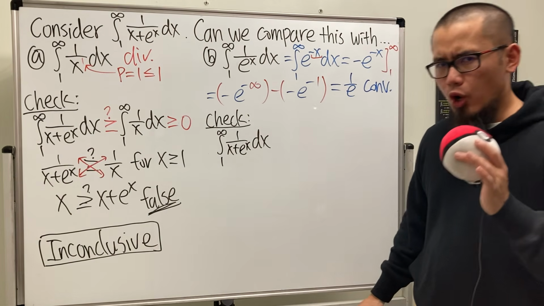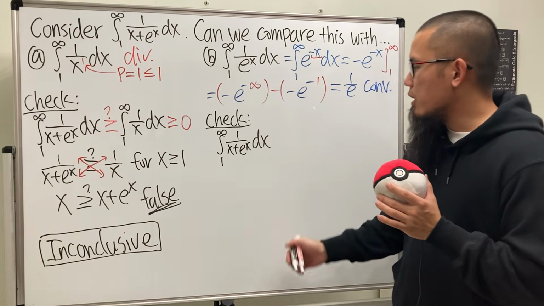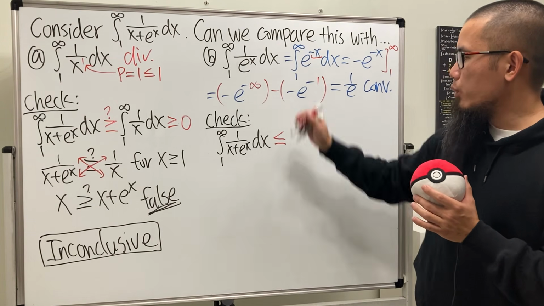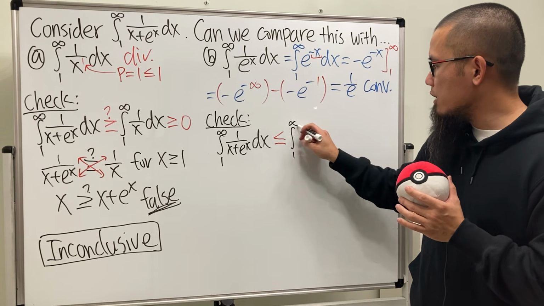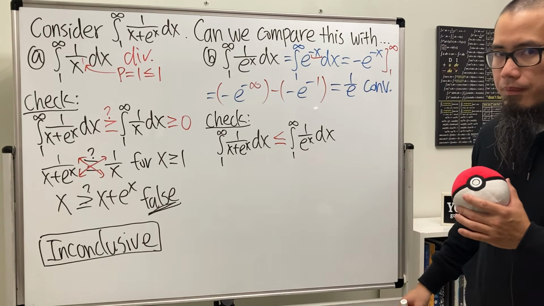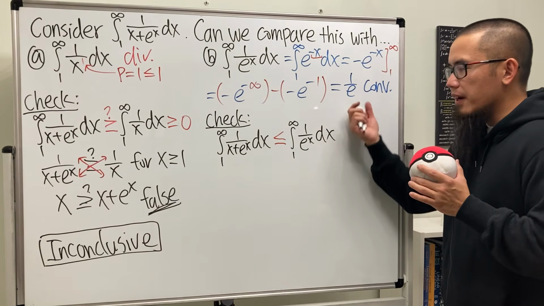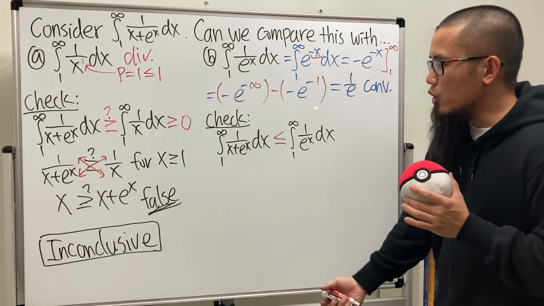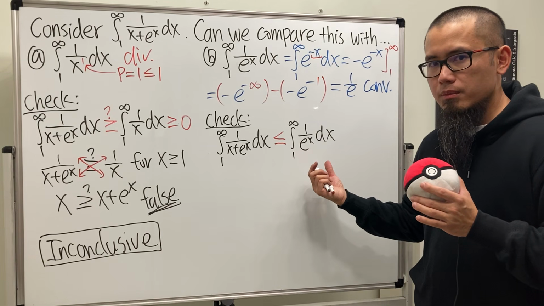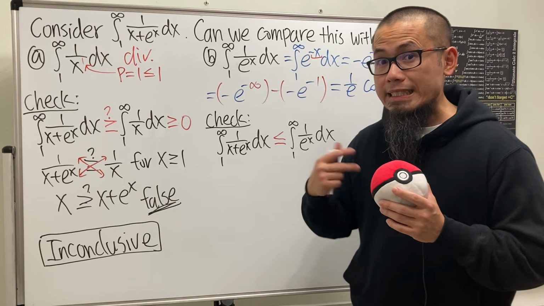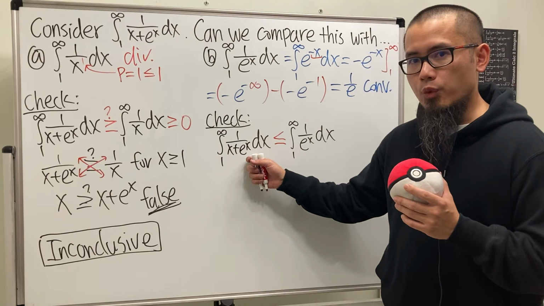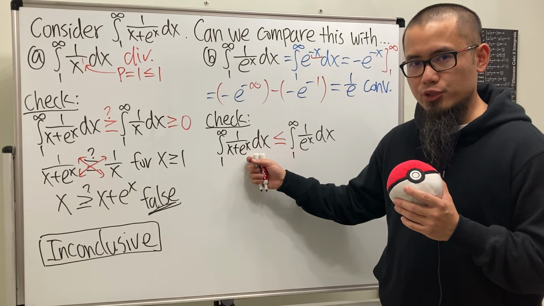This time, we hope to show that this right here is smaller than or equal to the one that we know, which is the integral going from 1 to infinity of 1 over e to the x. Because this right here is a positive finite number, if we can show this right here is smaller than or equal to a positive finite number, this right here has to be a smaller positive finite number. Therefore, we can say this right here also converges.